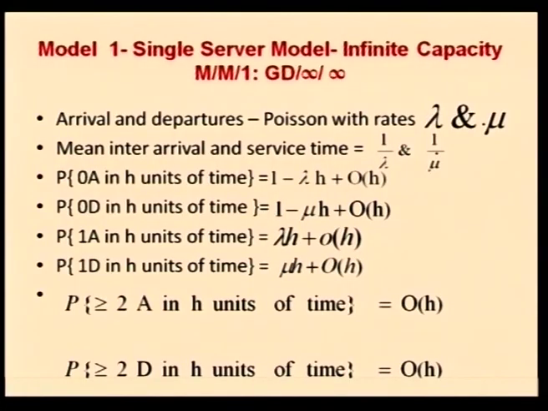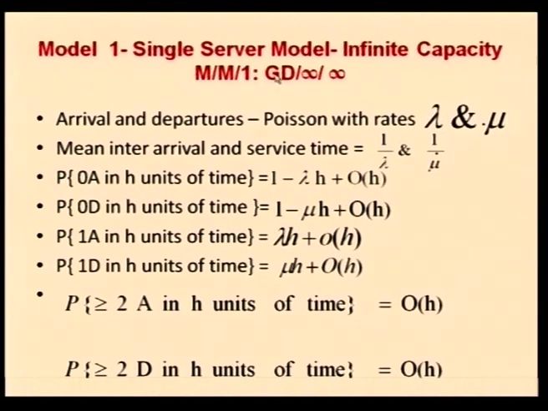Now we will look at types of models in queuing theory, particularly the Markovian queuing models. To start with, we will be doing the single server model with infinite capacity, namely, in Kendall's notation, M/M/1/GD/infinity/infinity.